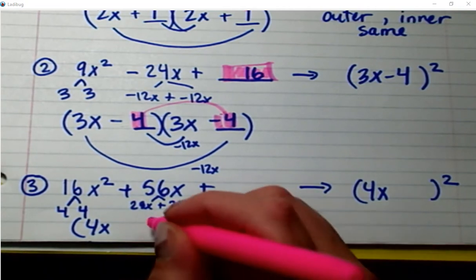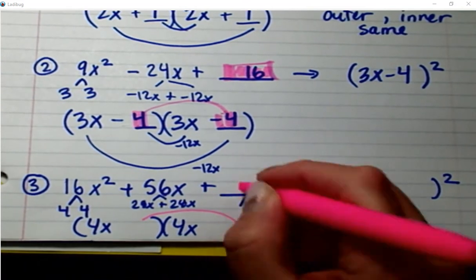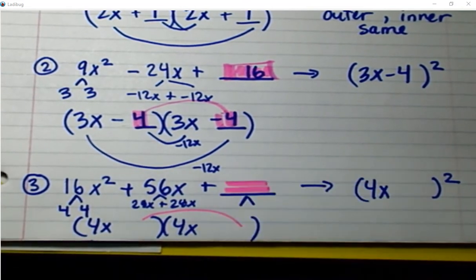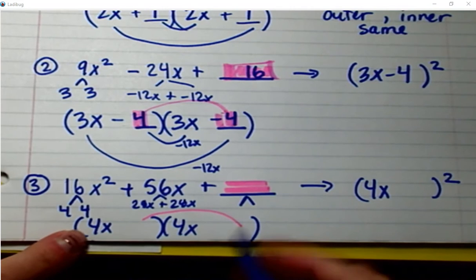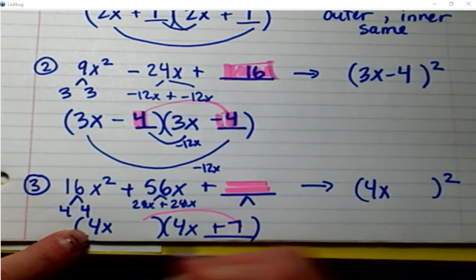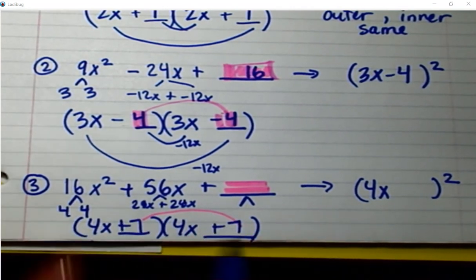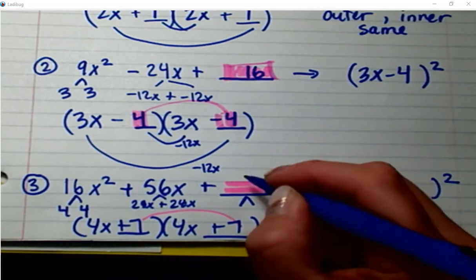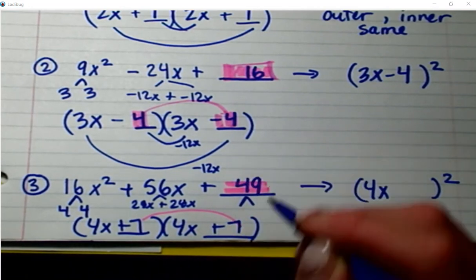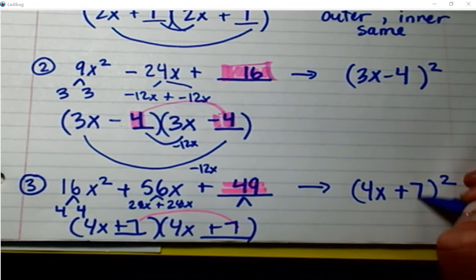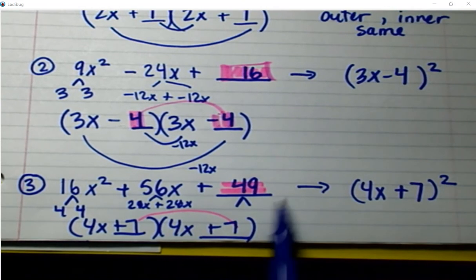So it would be plus 7, because 4 times 7 is what gets me 28. Okay, so I would have a 49 here and a 4x plus 7 here. Notice that we had to create the number to get there.